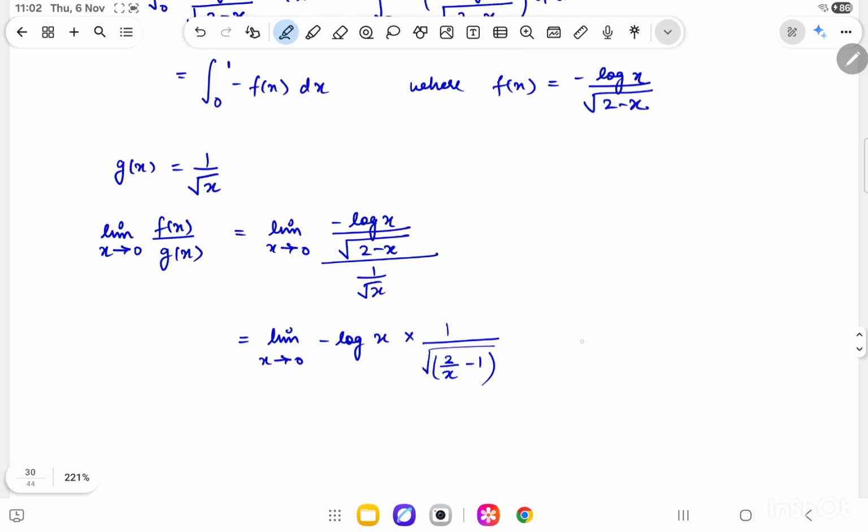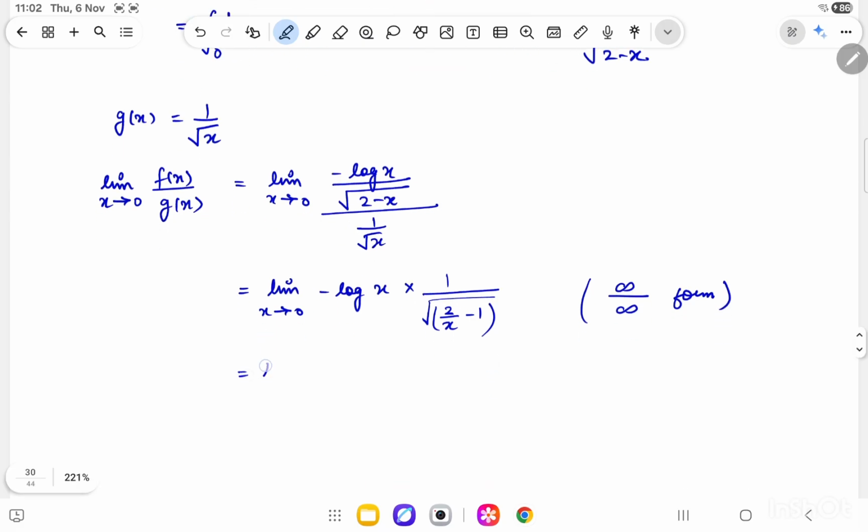Now if I plug in 0, it will be infinity by infinity form, and that's an indeterminate form. So in order to calculate its limit, I need to use L'Hopital's rule.